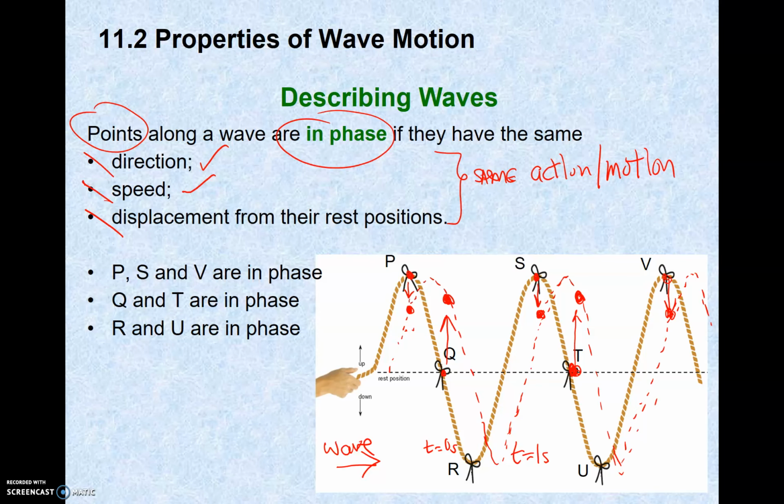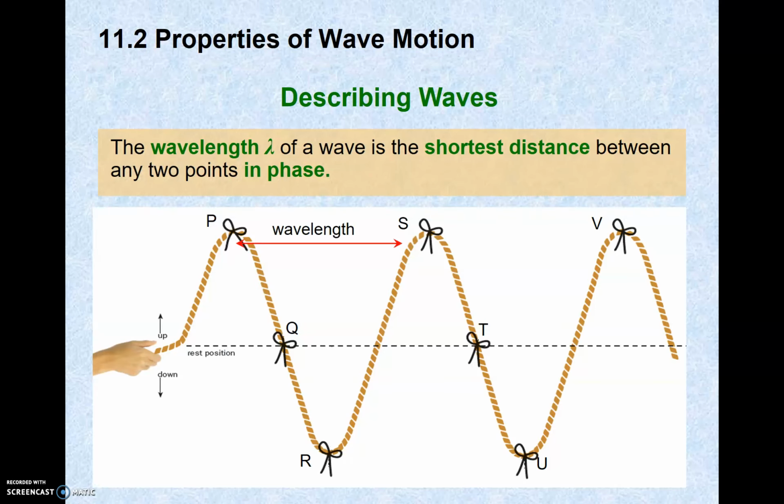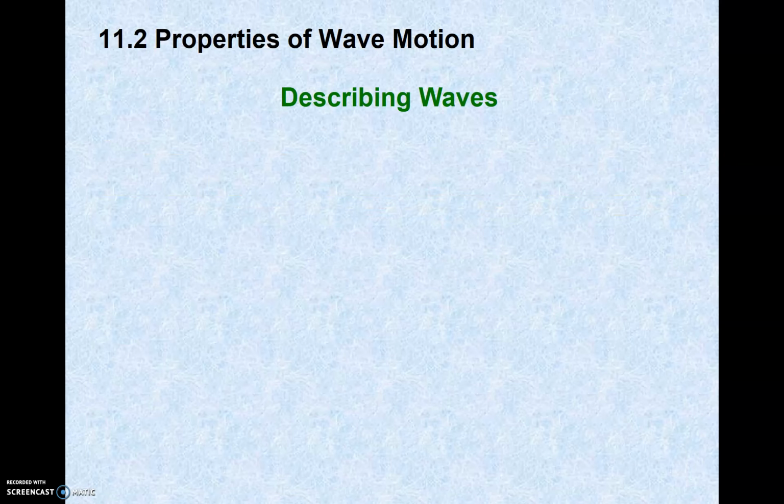Now, wavelength is the distance between two crests. It can be from crest, from trough, or from the rest position, but the important thing is that the two points are in phase. That's what we mean by wavelength, the distance between them.